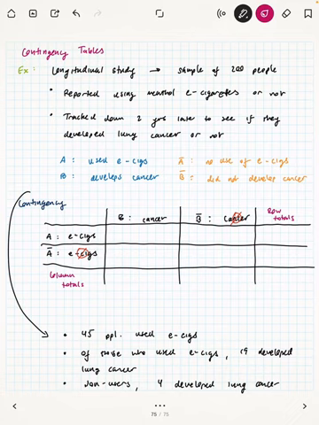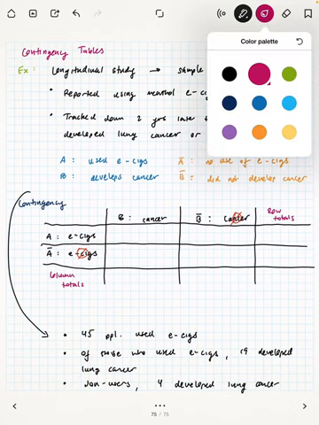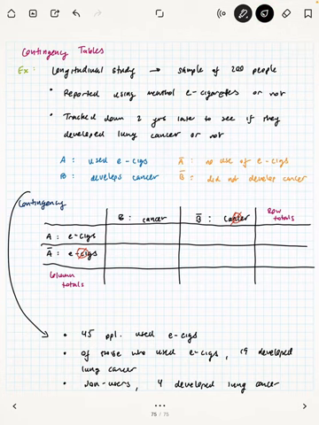So each cell of this table is going to represent a category in this sample. And the column totals and the row totals are going to tell us something about total number of people in event B, in event A, and so on. So 45 people used e-cigs, which means 45 people are in the category A. So that will go here.